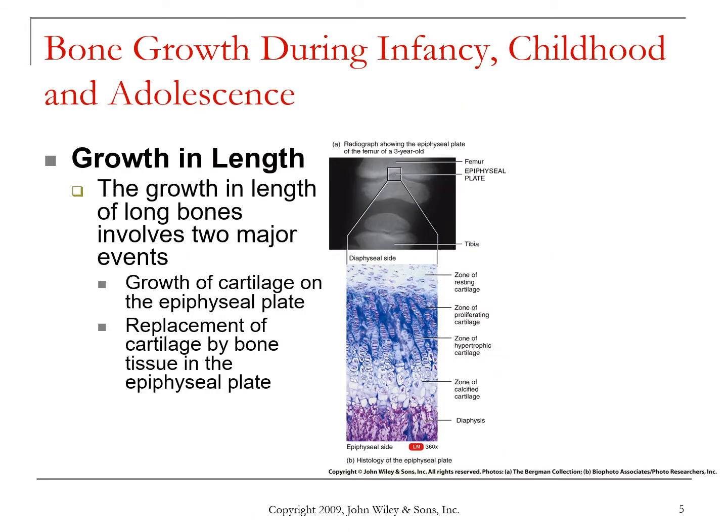All right, so how do bones grow? Long bones grow in length or longitudinally by endochondral ossification. Bones grow in length due to first, growth of the cartilage in the epiphyseal plate and articular cartilage, which is then replaced by osseous tissue.